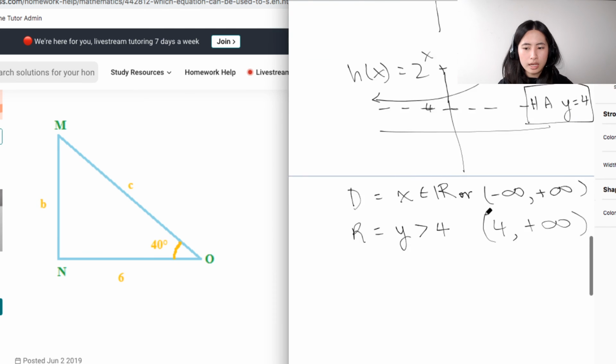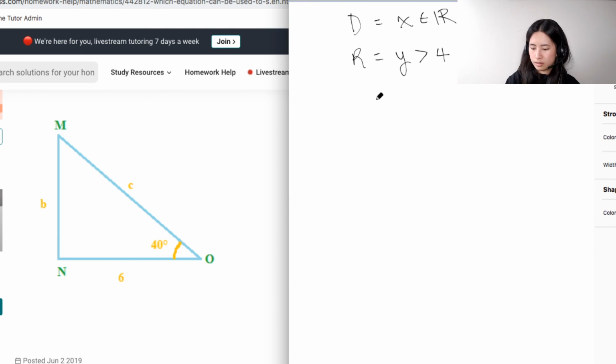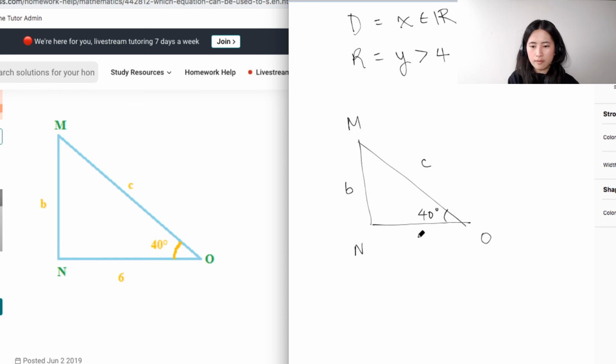So maybe we can have that here. Okay, I'm just going to copy all the information in here. So we have M and O, then we have 40 degrees over here, and we know that this is B, then you have C, then you have 6, right? Okay, so now think about it.